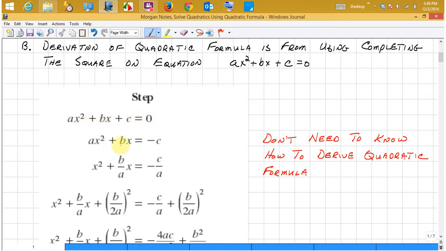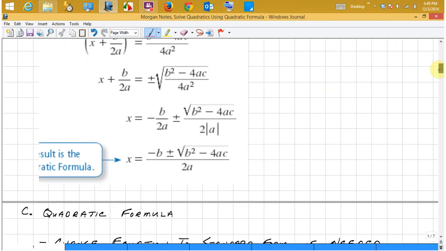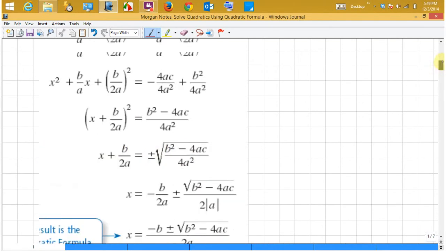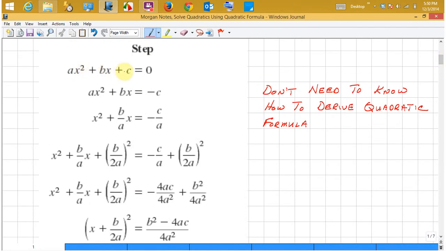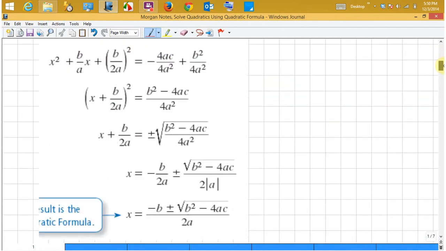Notice that if we move the c over to the right and use a technique like completing the square, with a lot of algebra we end up with the quadratic formula. So once again, the quadratic formula is just what happens when you use completing the square on this standard form equation.